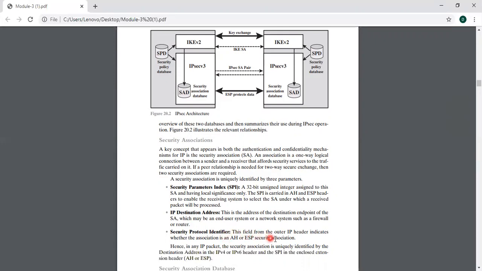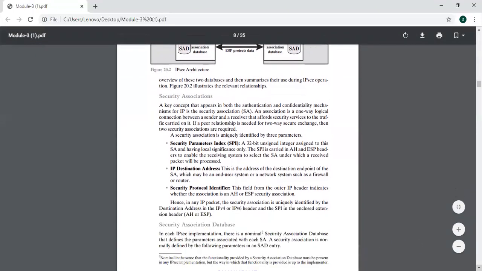This field from the outer header indicates whether the association is an authentication header or encapsulating security payload security association. So a security association is totally identified by these three parameters: security parameter index, IP destination address, and security protocol identifier.